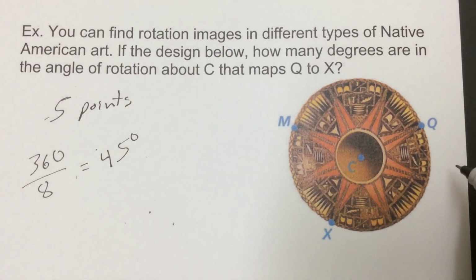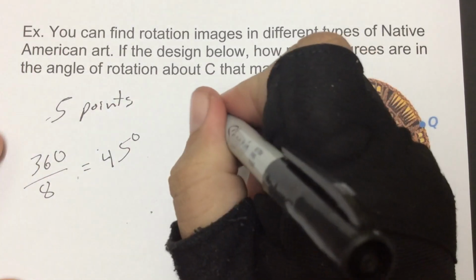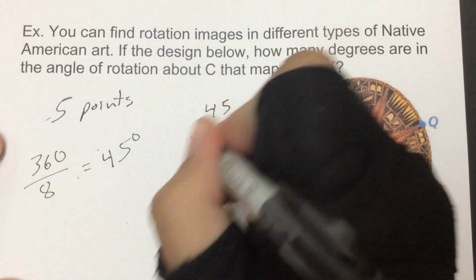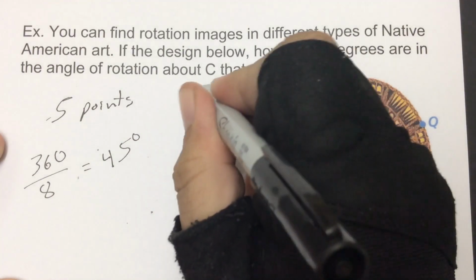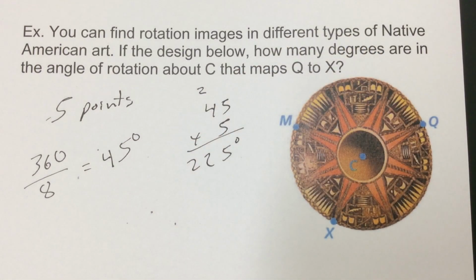So each one is a 45-degree rotation. So if we do 5 points, we're going to go 45 times 5. So 5 times 40 is 200, and 5 times 5 is 25, so 225. So how big of a rotation are we? Well, a 225-degree rotation about C to map Q to X.